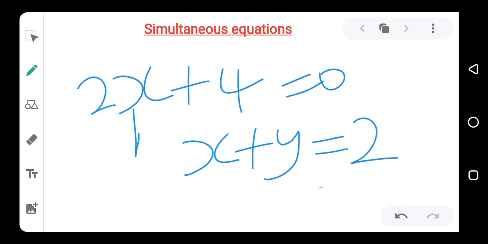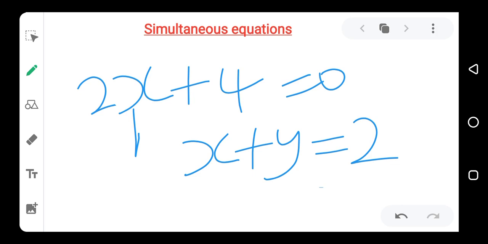Whatever we use an alphabet to represent, we don't know its value, so we are going to look for it. We have x and we have y. That means that we don't know these two things, so they are unknowns, two unknowns in one equation.